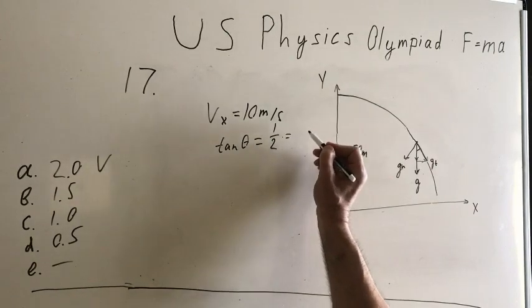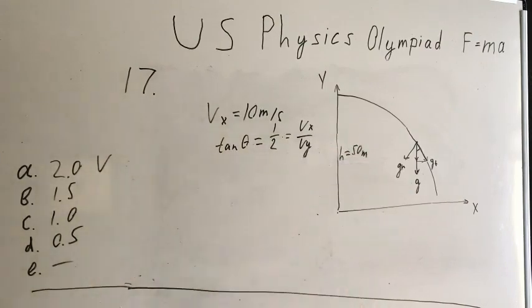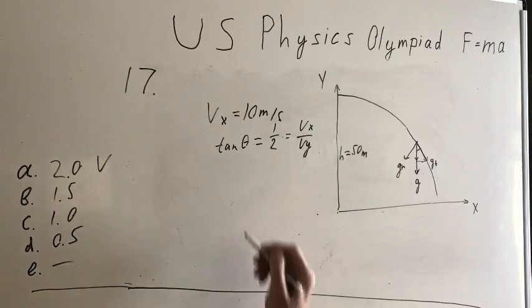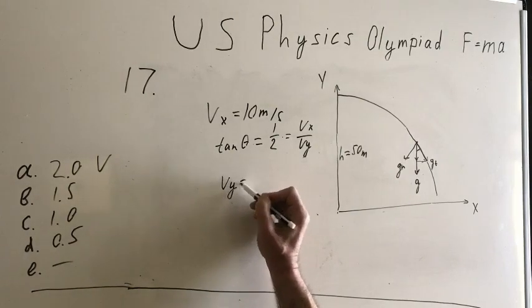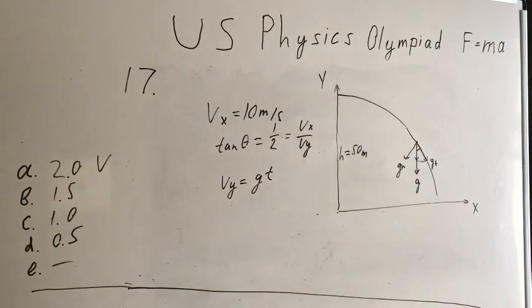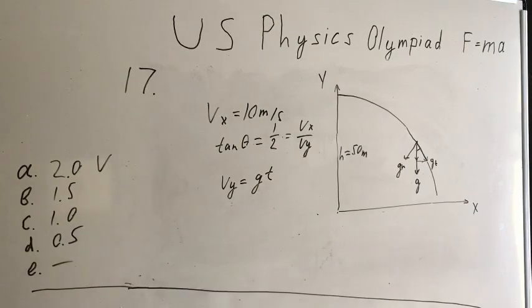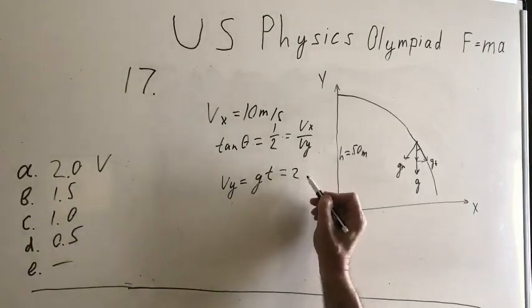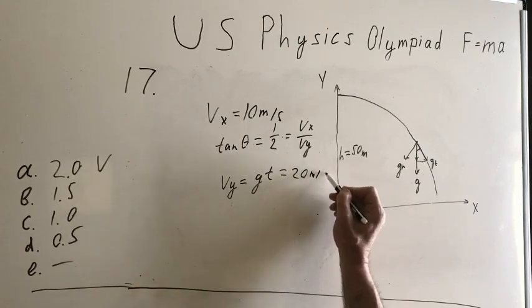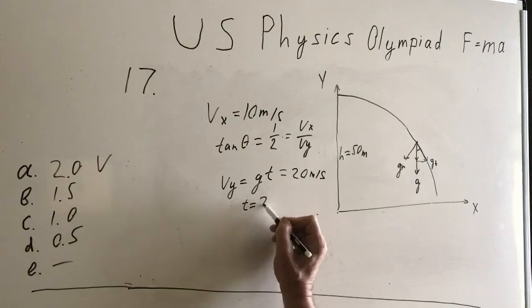So that will be Vx over Vy, which is again equal to 1/2. Vx is constant and Vy equals gt. So from here we can see that Vy equals 20 meters per second. It means that time equals just 2 seconds.